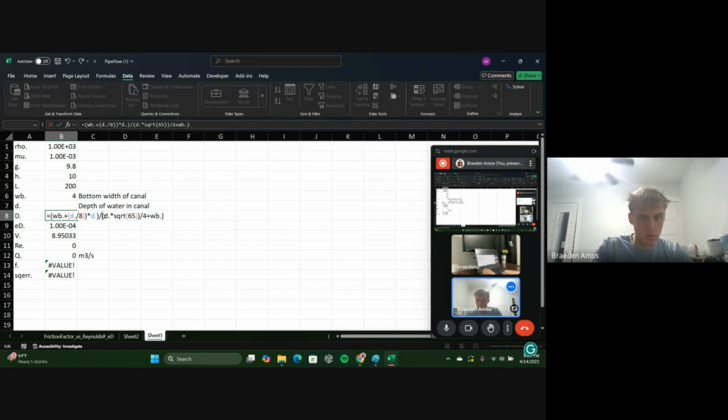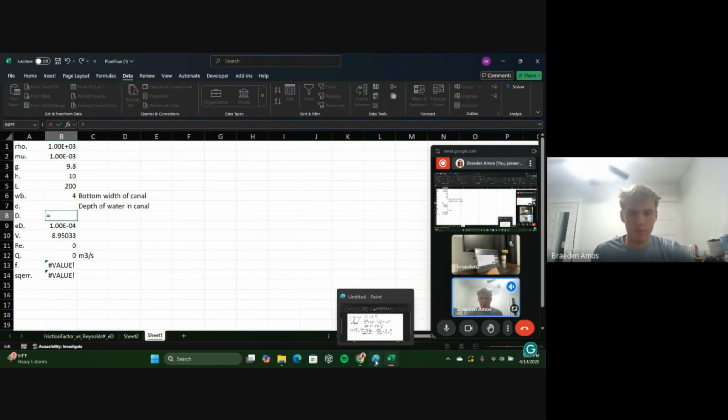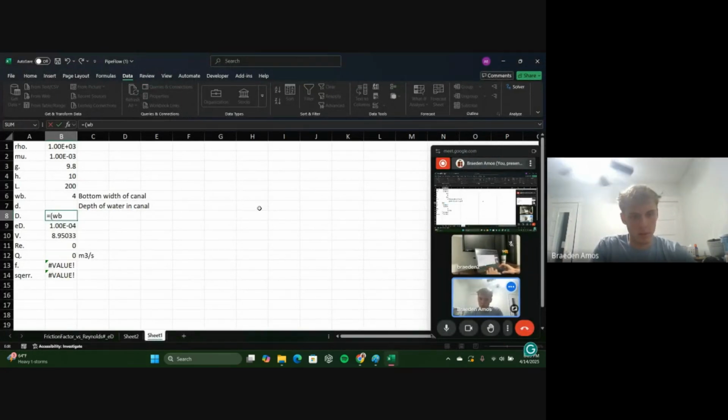All of that is in parentheses. So WB dot plus D dot over 8 times D dot, all that in parentheses, then D dot times SQRT 65 divided by 4 plus WB dot. And then we'll hit enter.